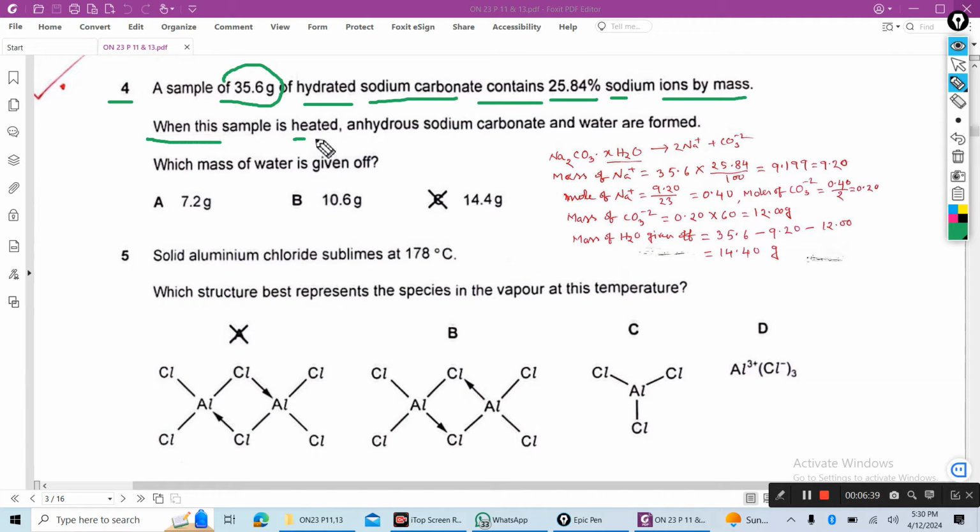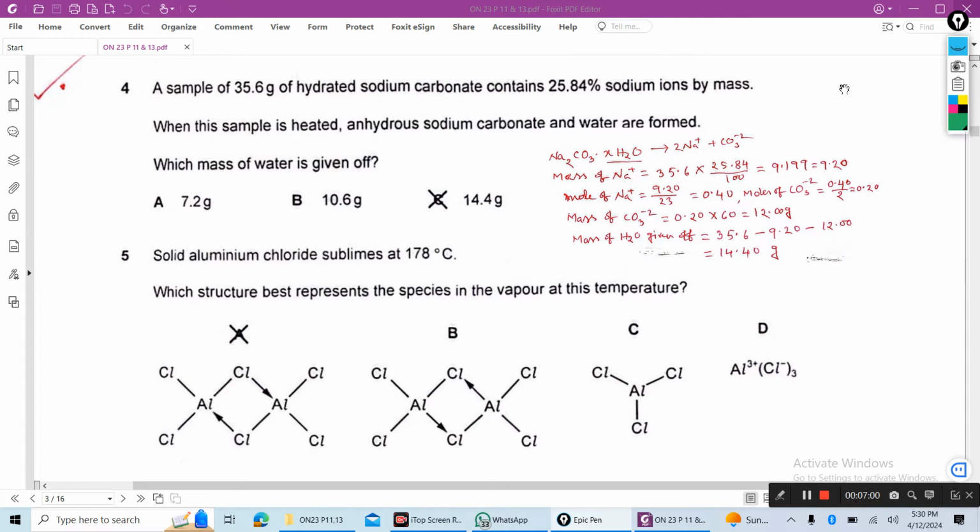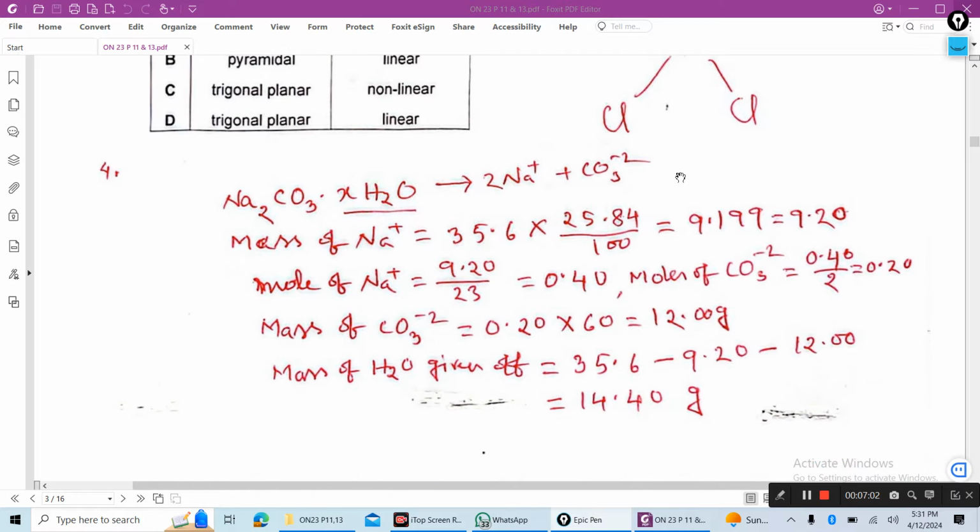When this sample is heated, anhydrous sodium carbonate and water are formed. Which mass of water is given off? If you calculate, you will get answer C, 14.4 gram. You can see the calculation here.